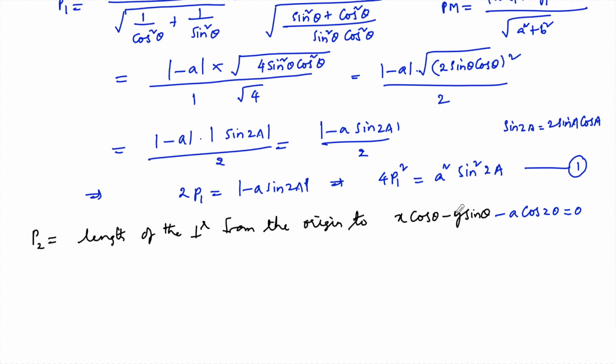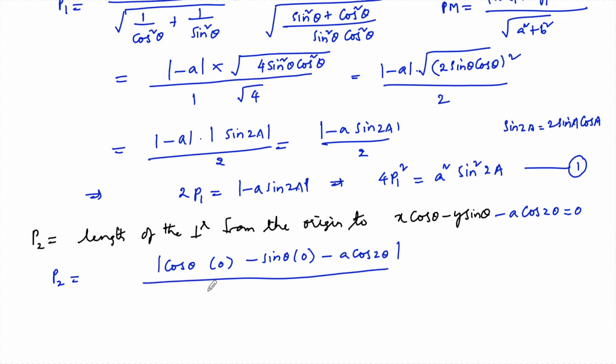So by using the perpendicular distance formula we can write, P2 is equal to, from the origin, cos theta into 0 minus sin theta into 0 minus a cos 2 theta, so mod upon root over cos square theta plus minus sin theta whole square.